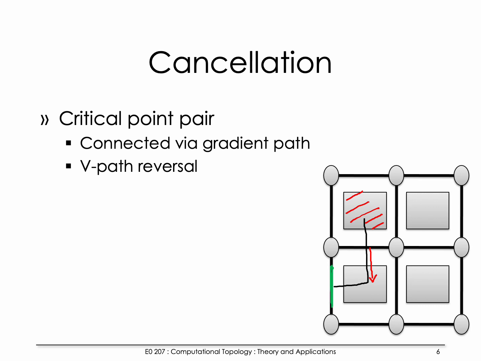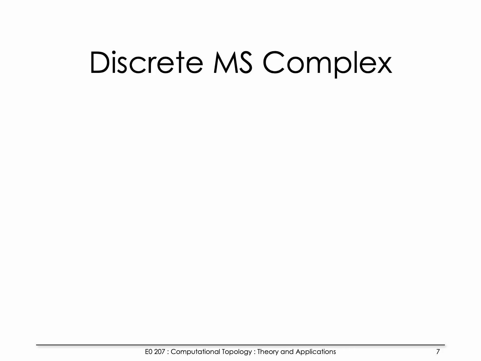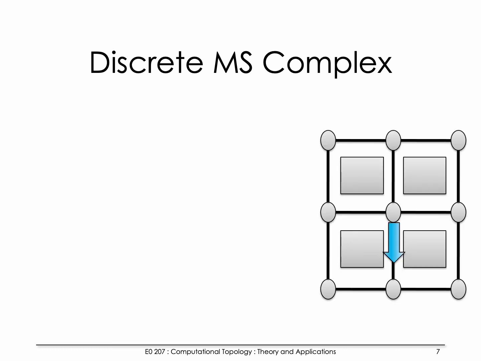So with that, we come to an end to the discussion on the discrete variant of Morse theory and how it extends to the definitions of Morse complex and Morse-Mel complex. So just to recap, we talked about gradient pairs.